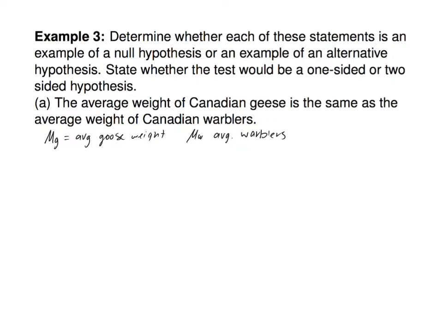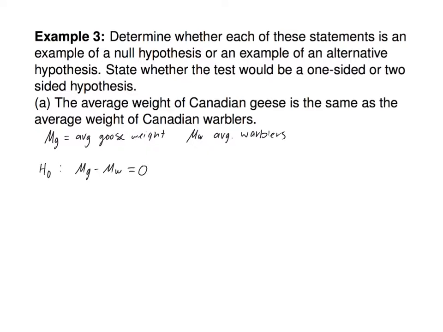So what is this saying? The average weight of geese, Canadian geese, is the same as the average weight of warblers. It's either saying mu g minus mu w equals 0 or that those two things are equal, right? Is that a null or alternative? That's a null, because null is nothing going on, same. Mu g minus mu w equals 0.